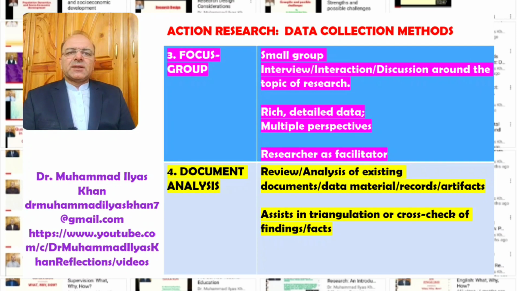And generally there is an interview type of environment in focus groups, where there is interaction and discussion around a topic of research. Generally, the researcher leads the discussion and facilitates it by asking questions and by giving prompts to the participants in order to get rich and detailed data.